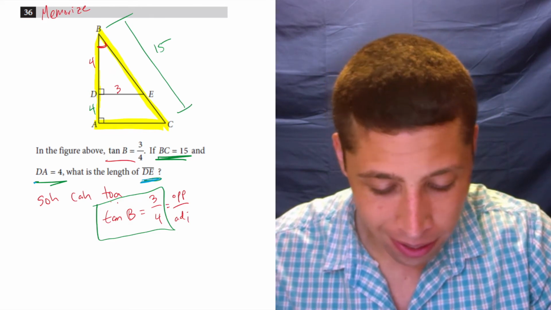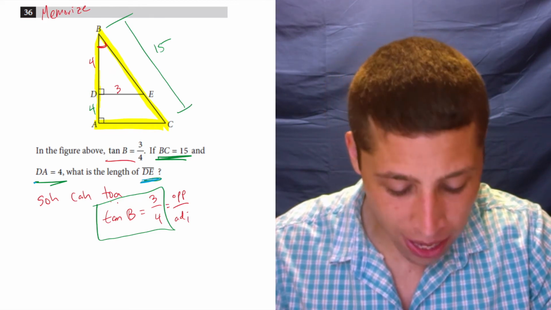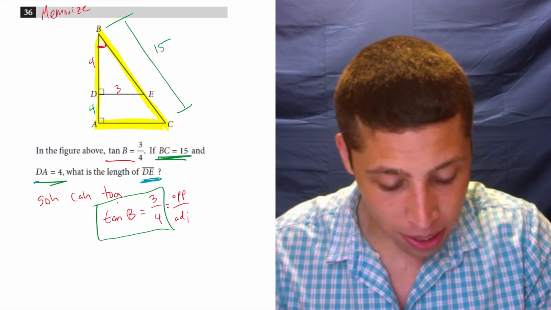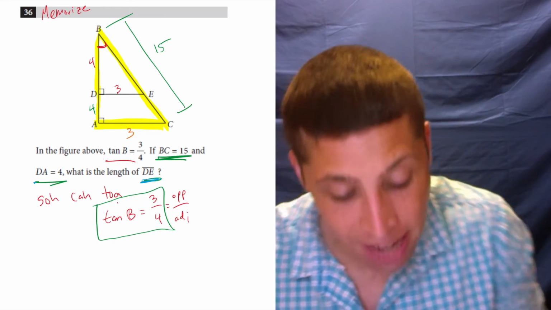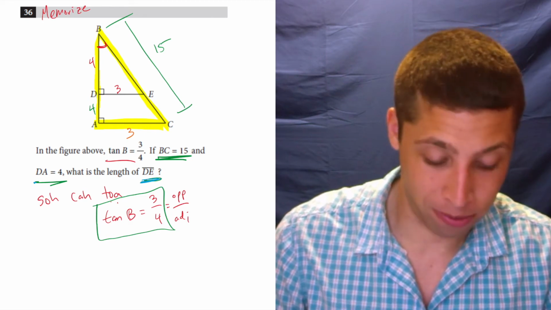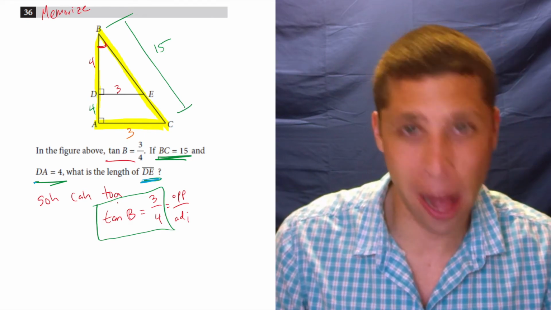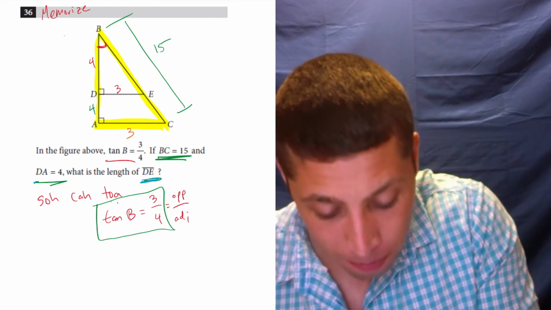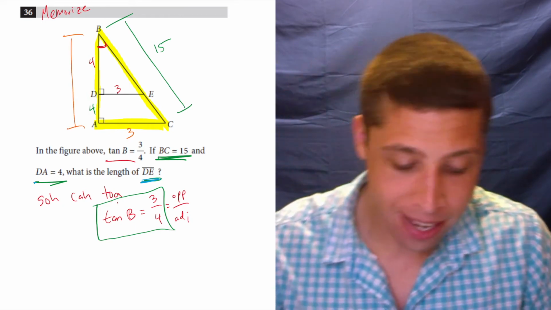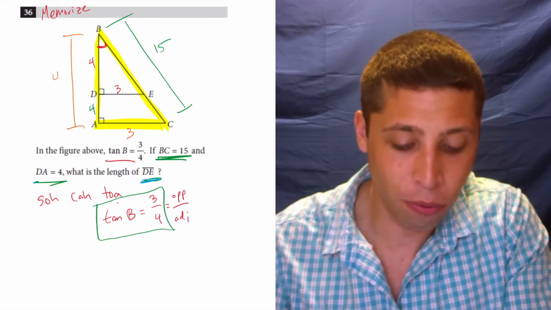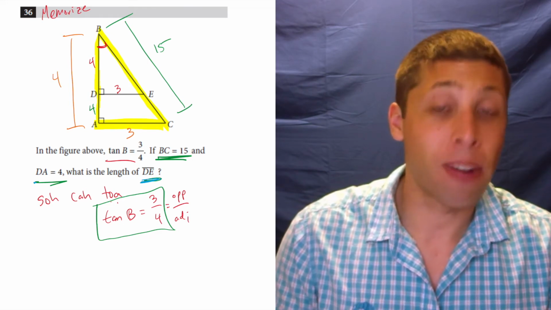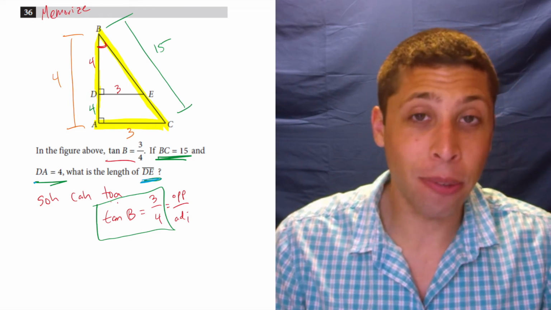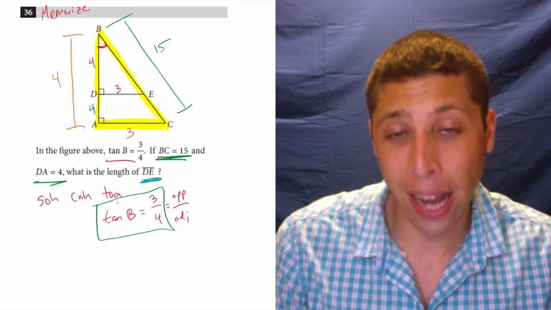Meaning, in some way, if the opposite of B is 3, then somehow AC is also 3 because that's also opposite. And BA, the adjacent side, is also 4. And that's because that's the fraction. And again, the relationship is 3 to 4, not the actual measurements.